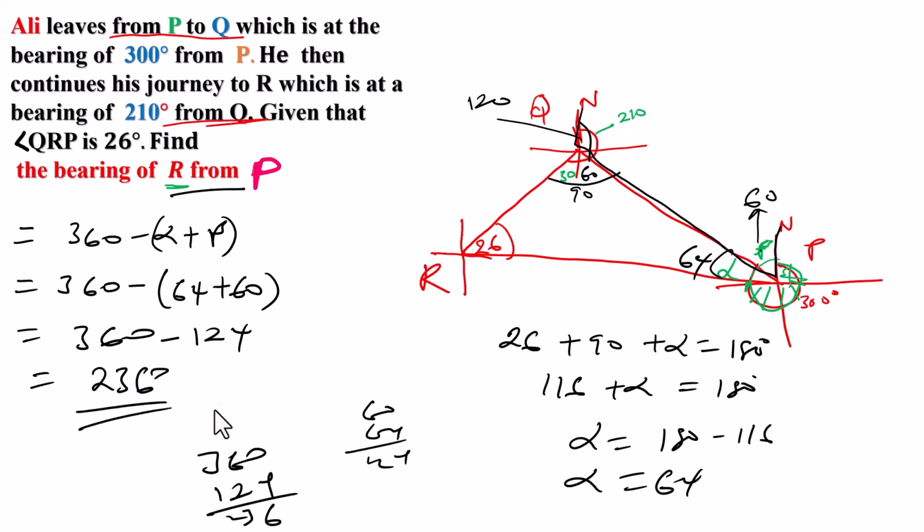So the bearing of R from P is 236 degrees. All right, so that is that.